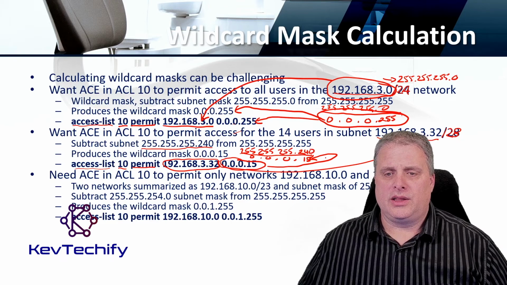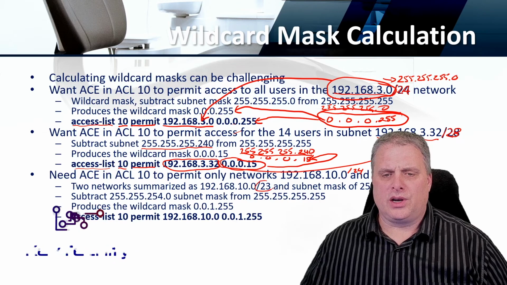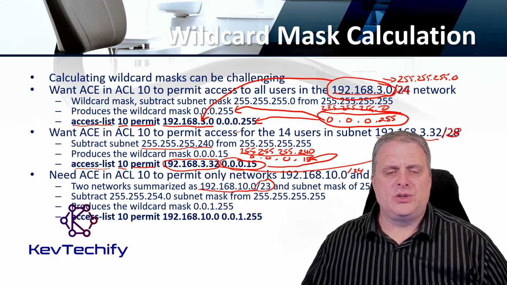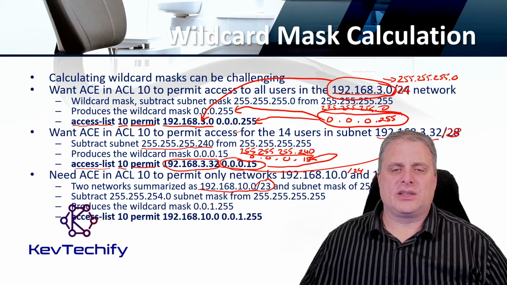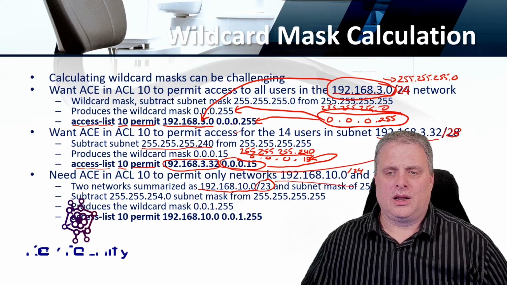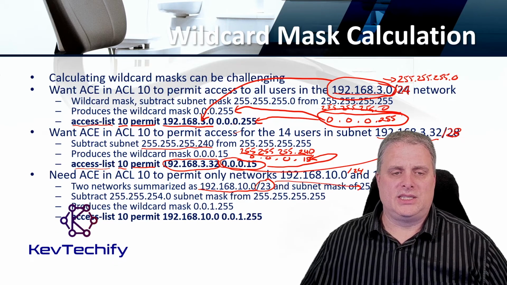So here, these were /24s. What we're going to wind up doing is using a /23 with that first network address. And so we can summarize these two networks as 192.168.10.0/23. And then that subnet mask, when we convert that /23, goes into 255.255.254.0.